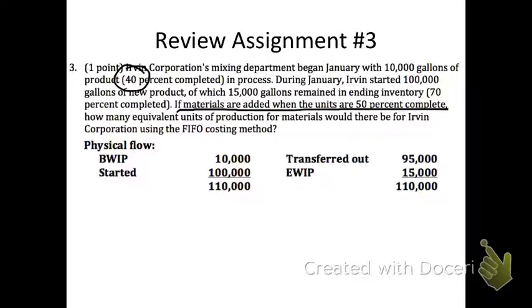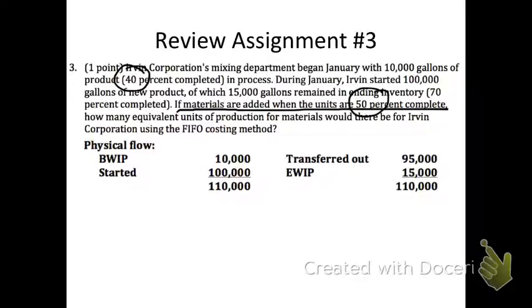Materials are added at the 50% mark, and since I'm only at the 40% mark, those materials have not been added as of the beginning of January. So if I'm doing the FIFO method for materials, I have not added the materials to those 10,000 gallons in beginning work in process.